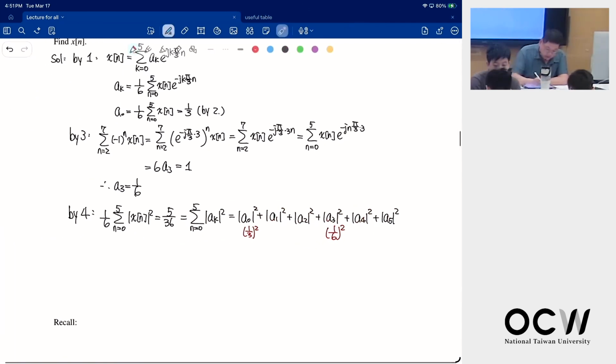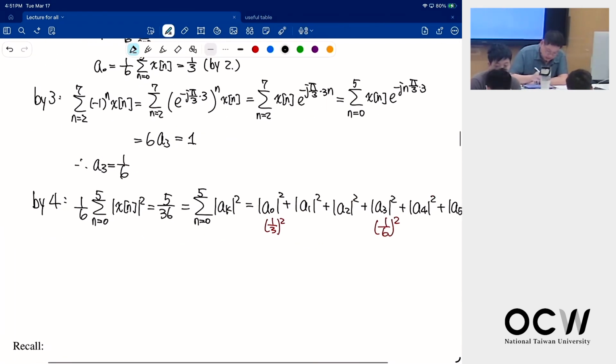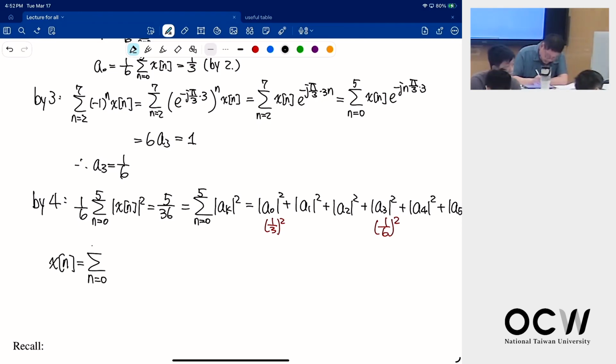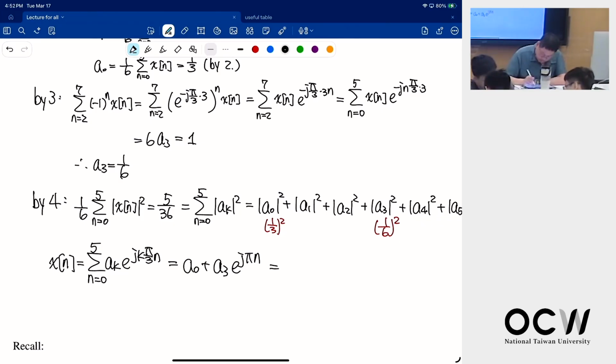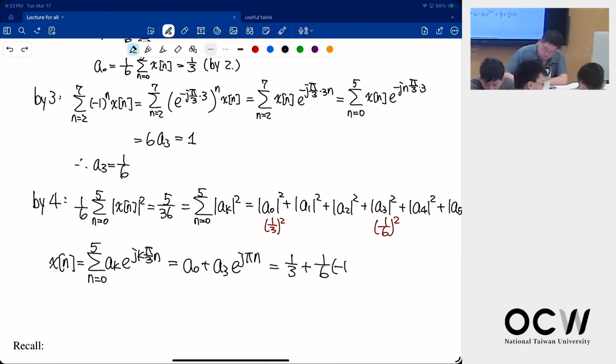And therefore, the x is A naught plus A3 e to the j pi n, which is 1/3 plus 1/6 times minus 1 to the power n.